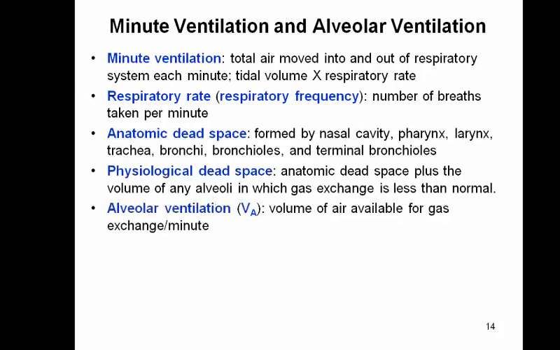Alveolar ventilation, a very important term, refers to the volume of air that's available for gas exchange per minute. We can ventilate the lungs, but if our alveolar ventilation is low, then that's going to hurt our respiratory rate.